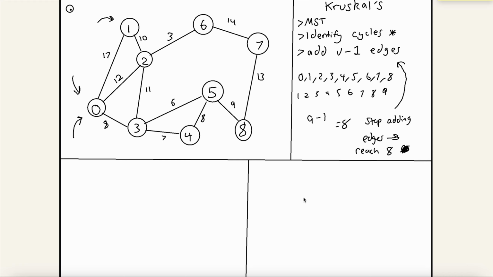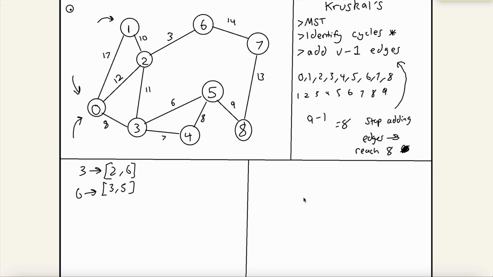So we have the edge weight of 3, which connects 2 and 6 together. Cool. And then the next smallest edge weight I can see should be 6. It's this 6 here. So that connects 3 and 5 together.